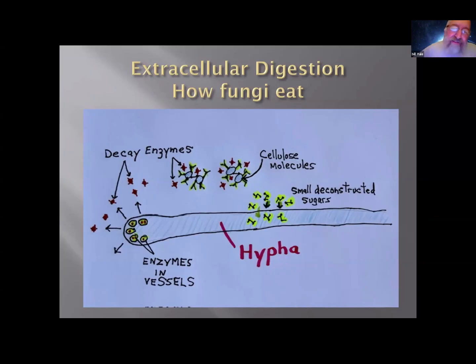So the Spitzenkorper is something everybody should put in their vocabulary list. The Spitzenkorper is one of the coolest things in all of nature. It's a command center, and it uses ribosomes to make prescription enzymes for all these different purposes simultaneously and constantly.